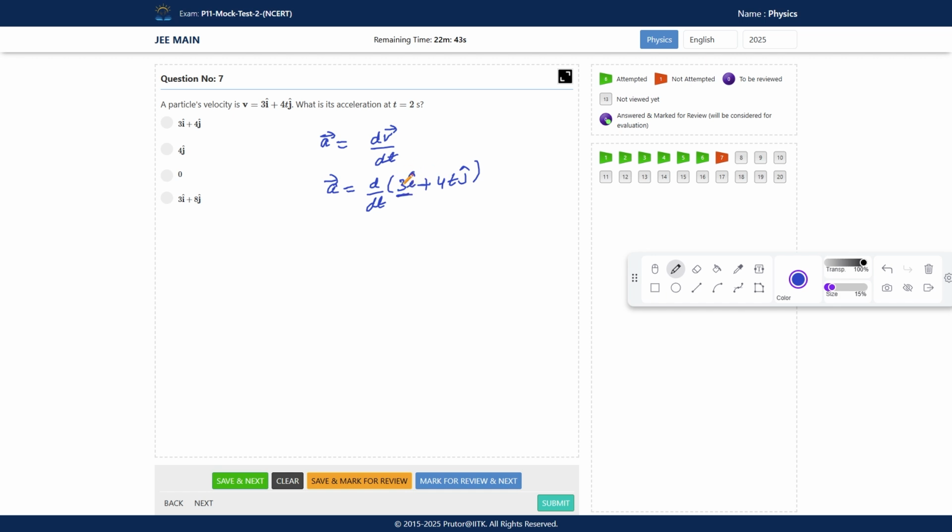This is the constant term, so differentiation is 0, and for the other term, differentiation of 4t with respect to t gives acceleration a equal to 4 j cap. So which one is correct? B option is correct. So at t equal to 2 seconds, acceleration remains constant. This is a very simple question.